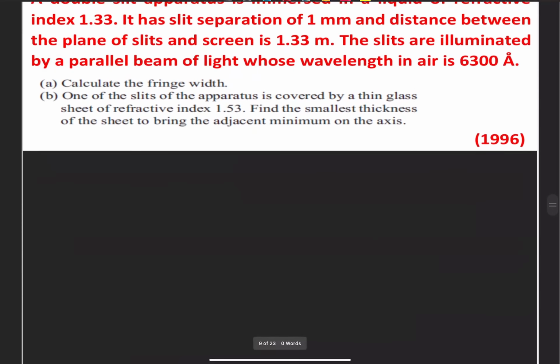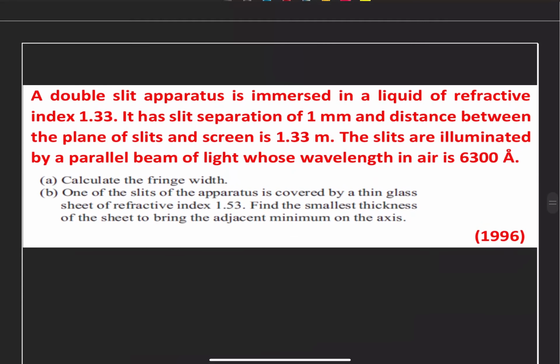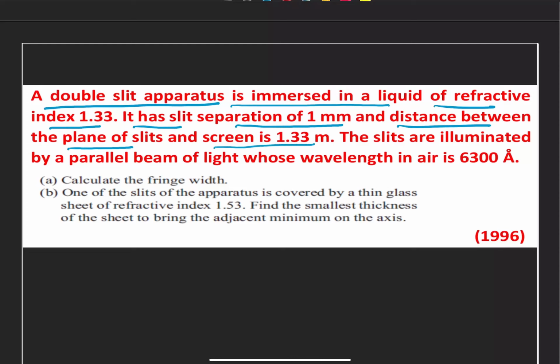Now we come to the next question, and it states that a double slit apparatus is immersed in liquid of refractive index 1.33. It has a slit separation of 1 mm and the distance between the plane of slits and the screen is 1.3 meters.